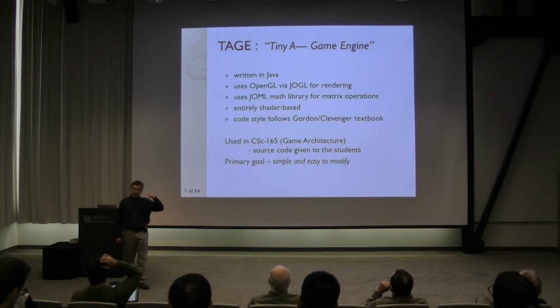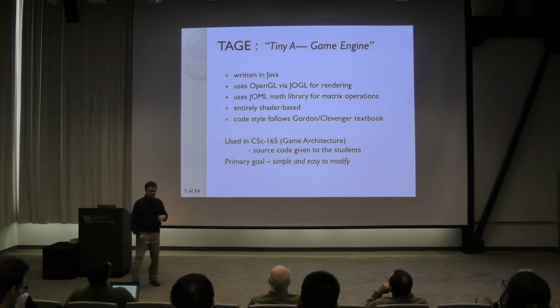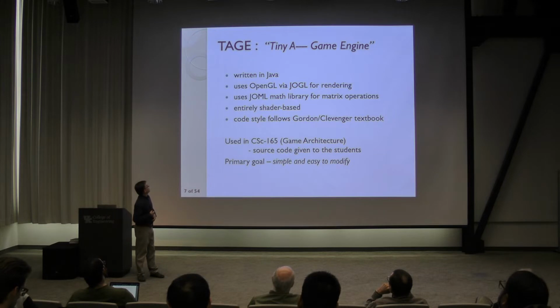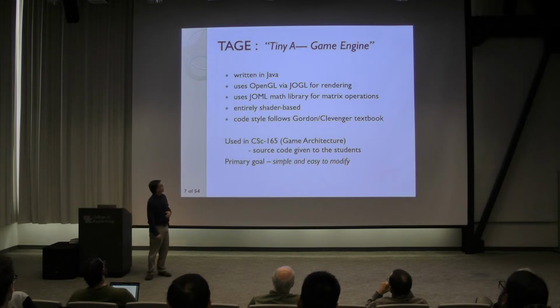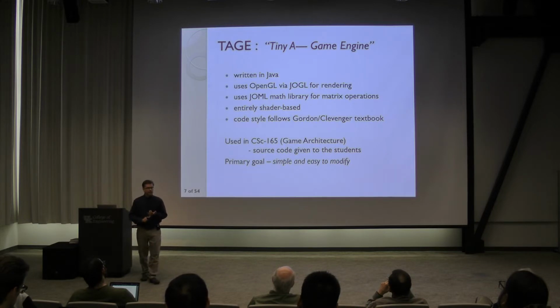Okay, so the game engine that I built for my class and that this is all based on is called TAGE. And the reason it's called TAGE is historical. We had similar in-house game engines that we used for the class. The first one was called SAGE, but it used all deprecated OpenGL.